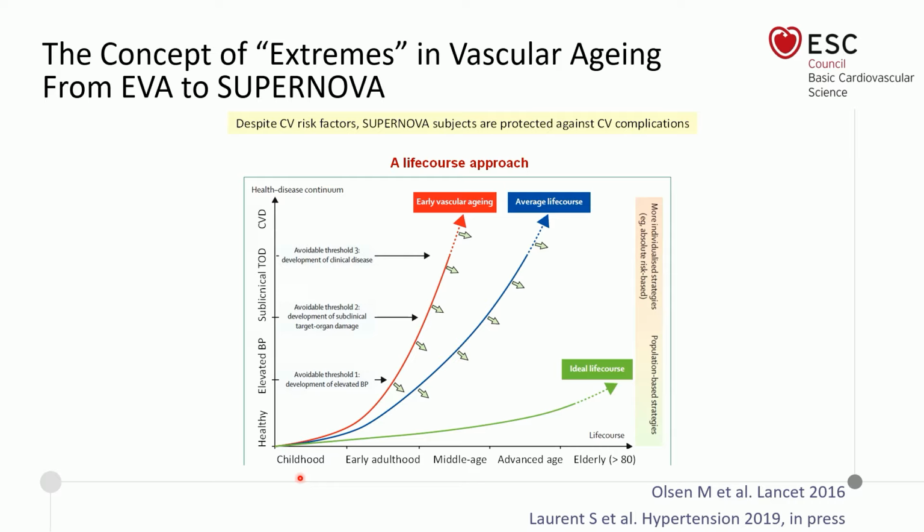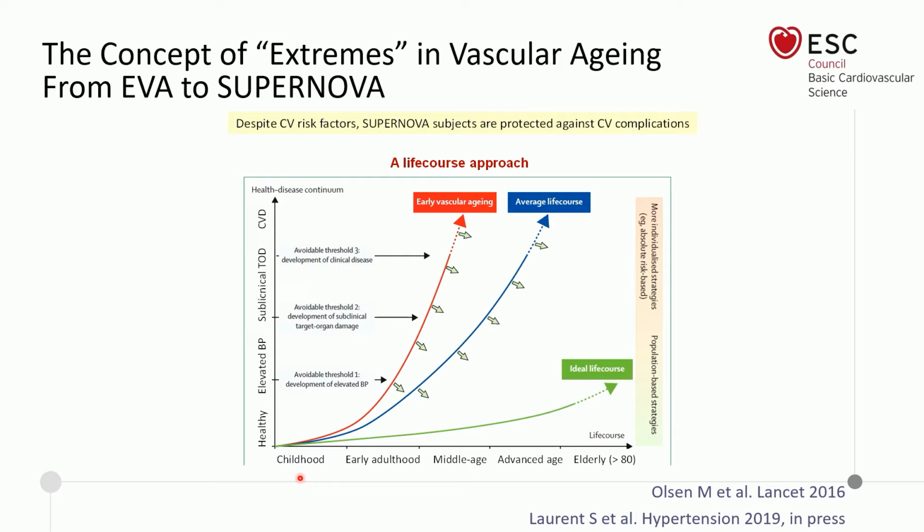But there is a recent concept which emerged a few years ago. This is an ideal life course, named SUPERNOVA, supernormal vascular aging. There are 2 papers, and 1 paper is currently in press in Hypertension. We can see in this green curve that even in the presence of cardiovascular risk, there is no cardiovascular event, even in the very old.